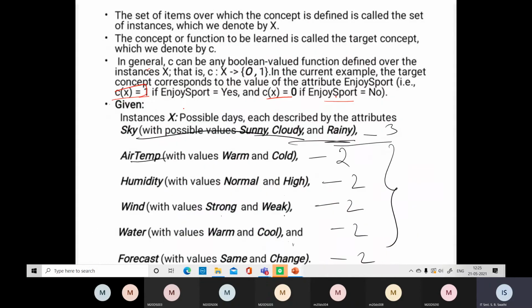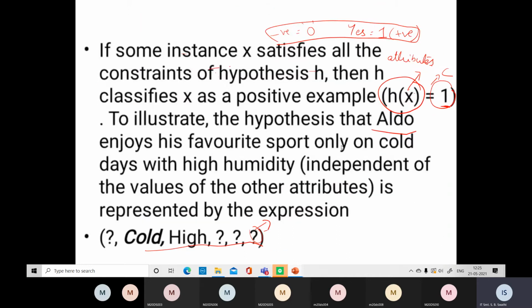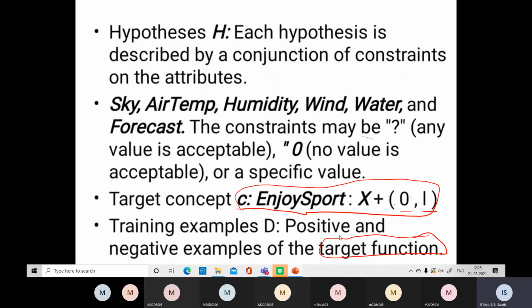If you remember, in the database there are 6 attributes from sky to forecast. The number of values for each attribute is: sky 3, temperature 2, humidity 2, wind 2, water 2, and forecast 2. Now the total number of values for these 6 independent attributes is here.